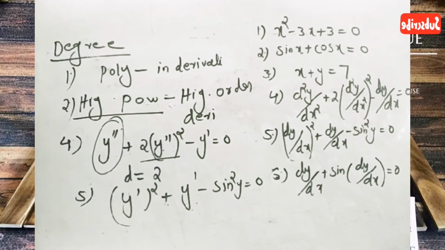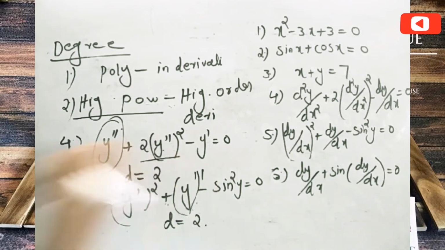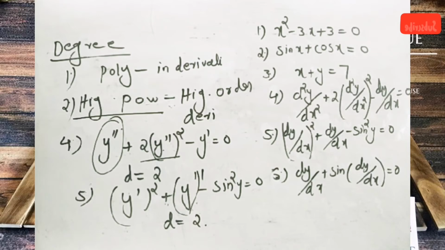We will check the power. Here the power is 2 and here the power is actually 1, since y dash means y dash raised to 1. So the highest power is 2. Therefore, the degree of this differential equation is 2.